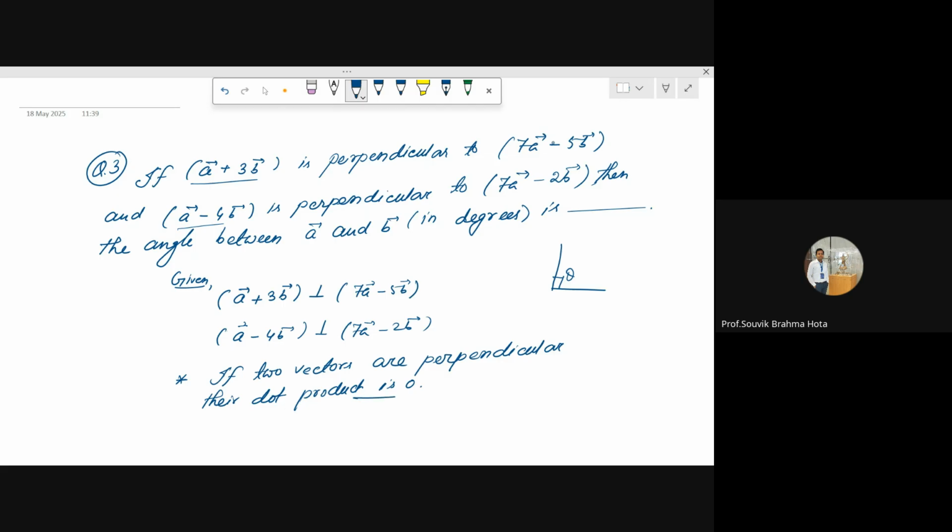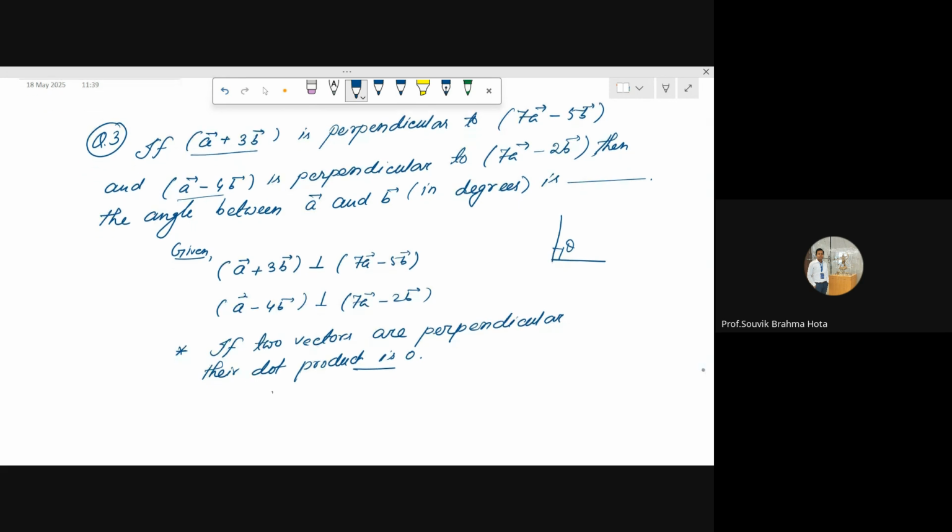This is the concept. So for the first case, just find the dot product of the first two perpendicular vectors: a plus 3b dot 7a minus 5b, and that has to be 0 by default.